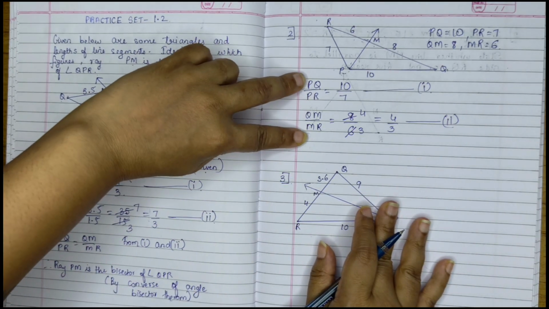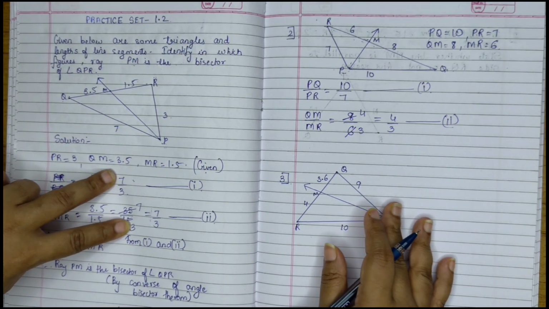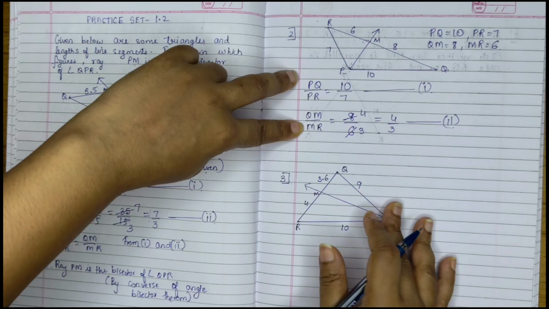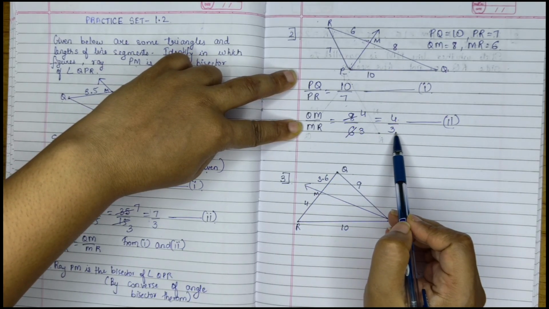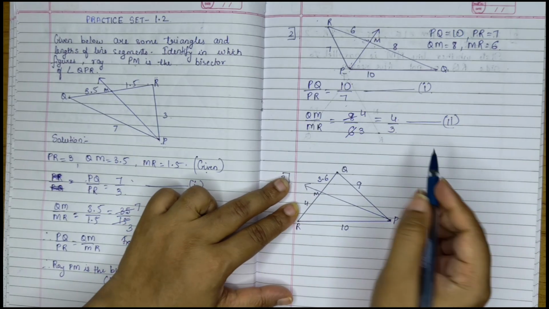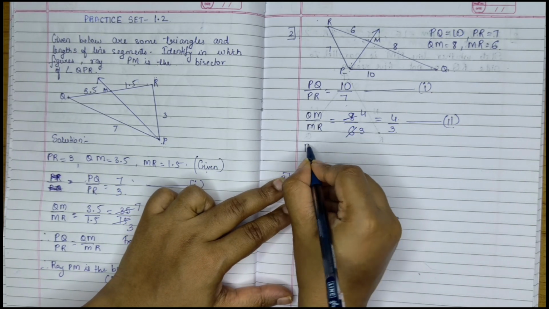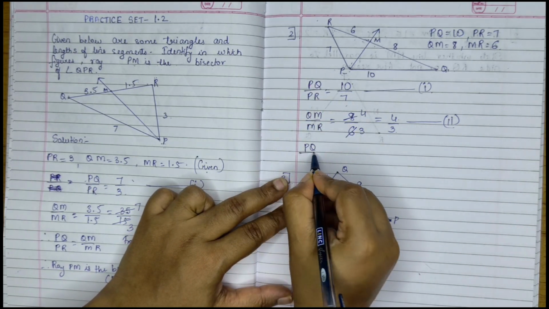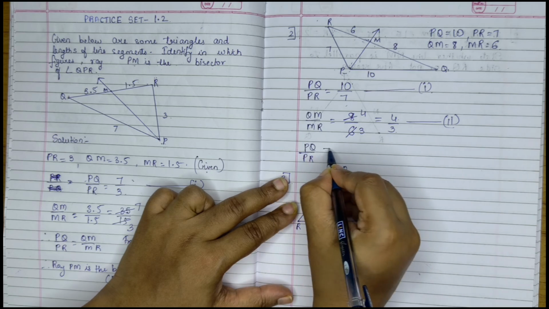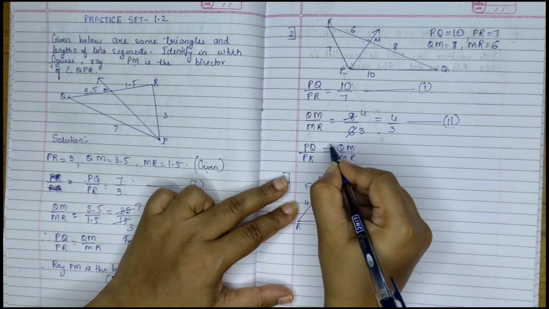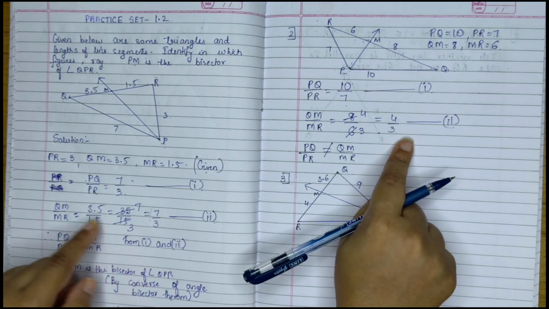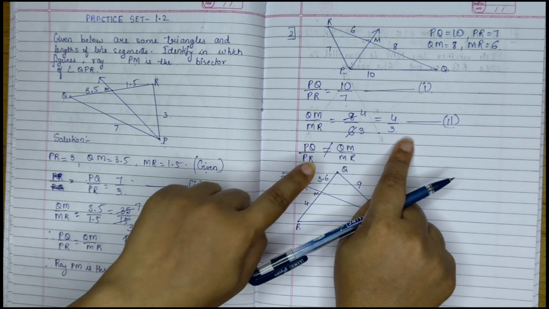Now see the first and second. Here we had got both equal. Both were same. Here we haven't got it equal. Here it is 10 upon 7 and here we have got 4 upon 3. That means PQ upon PR is not equal. When it is equal, put the equal to sign, but here it is not equal.